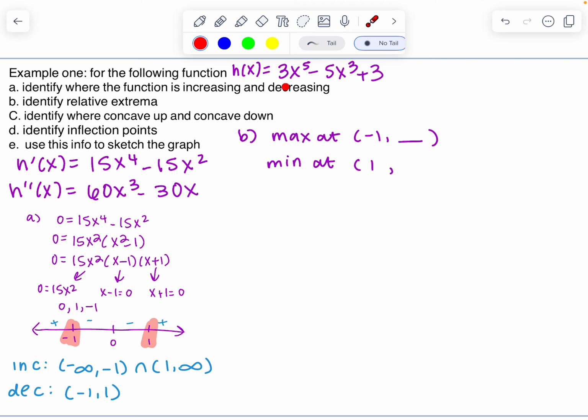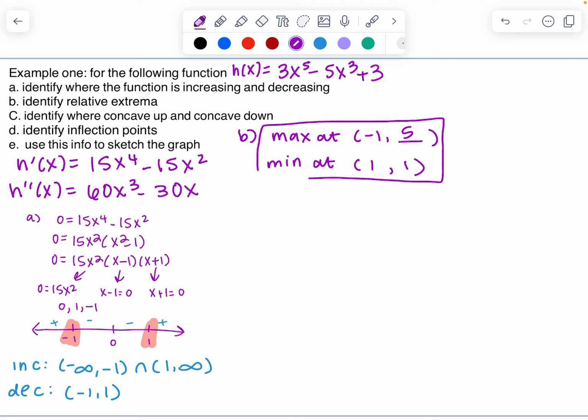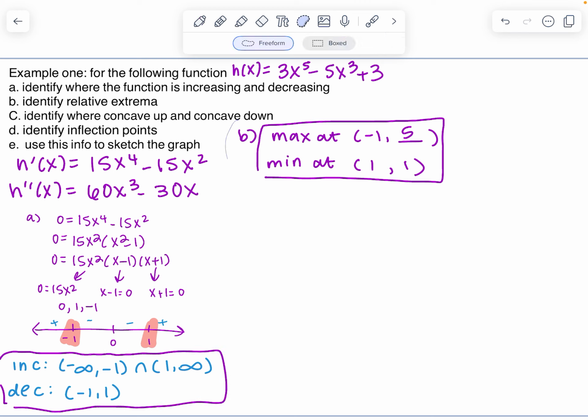So this is going to pop out -3 plus 5, which is 2, plus 3, which is 5. And then if I plugged in 1, this would be 3 minus 5, which is -2, plus 3, which is 1. So this is my next set of information that's going to be important when I graph the max and the mins. And then I'm going to put my increasing, decreasing information together too, because that's important.